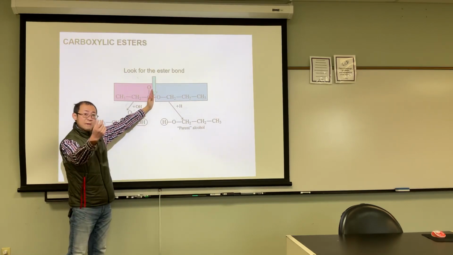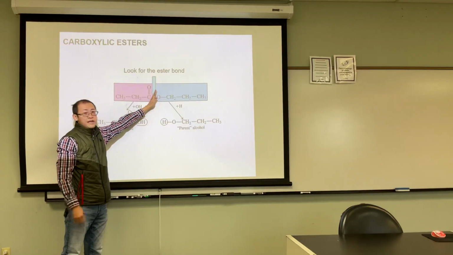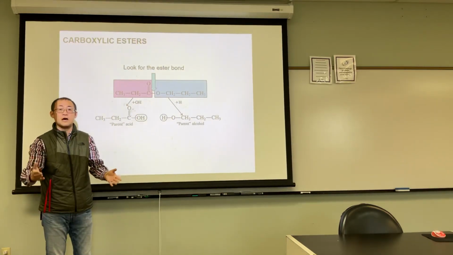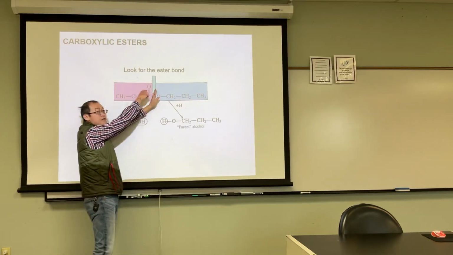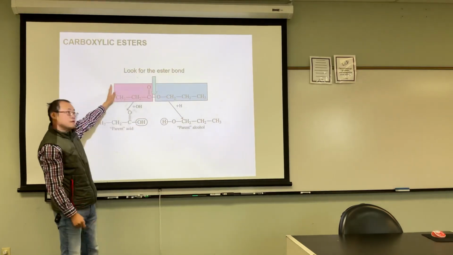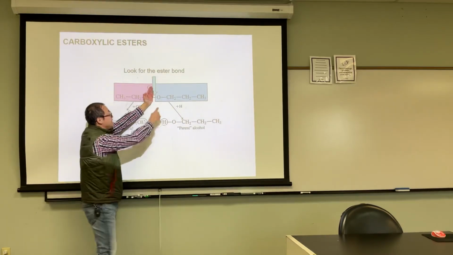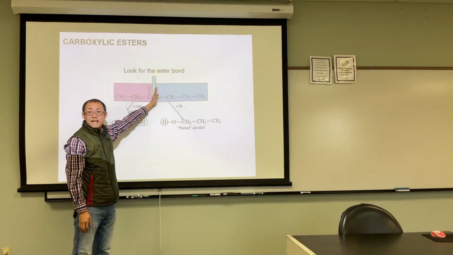The one that came from the acid should have a carbonyl group. Again, never say left or right, because it depends on how the molecule is drawn. All you need to recognize is which part has the carbonyl. If it has a carbonyl, then that part is from the acid. And the other part, containing the OR, is from the alcohol. Does it make sense?